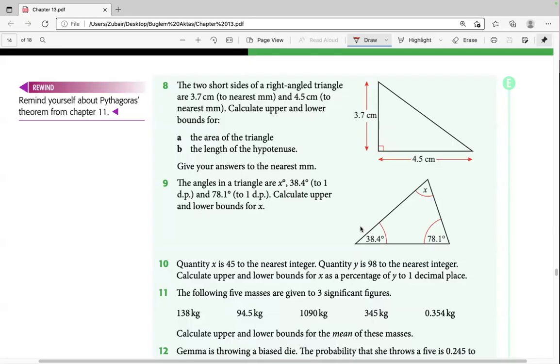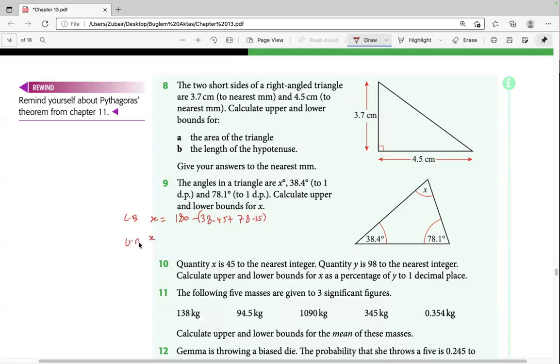If I have to calculate x, I know that it would be 180 minus the other two angles. So if I take the higher values of the other angles, I'll get the lower bound of x. So it is 38.45 and 78.15.